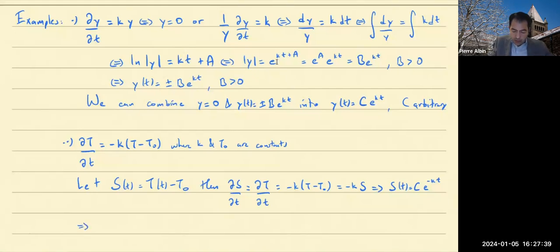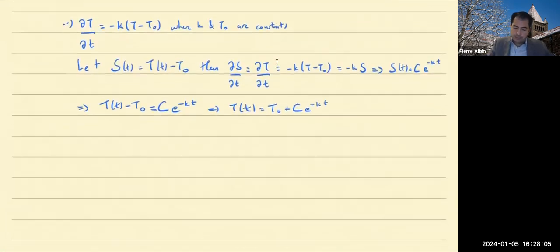Okay, and then if we substitute that back in, that says that capital T of lowercase t minus T naught is equal to a constant times e to the minus kt, and hence capital T is equal to T naught plus some constant times e to the minus kt.